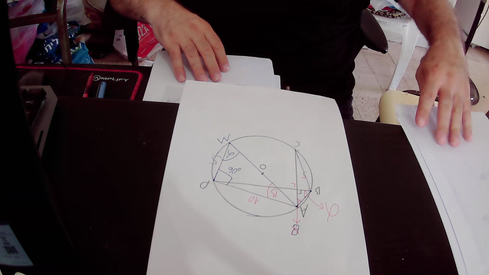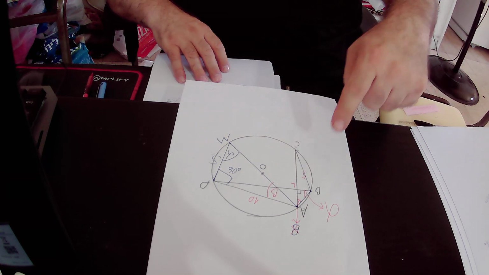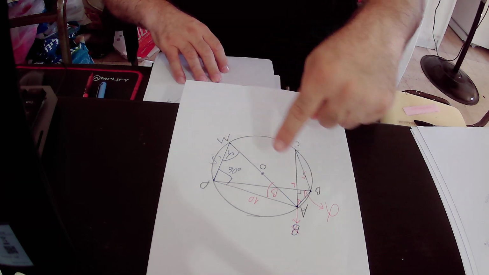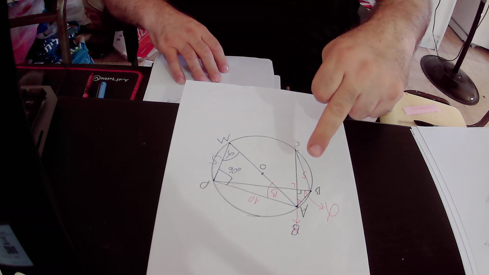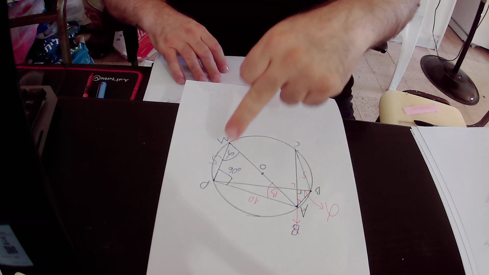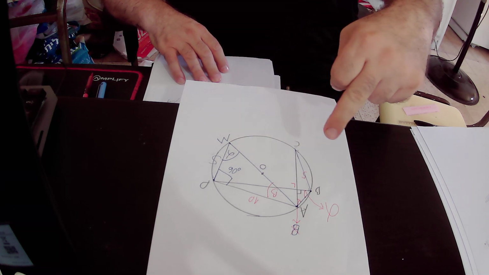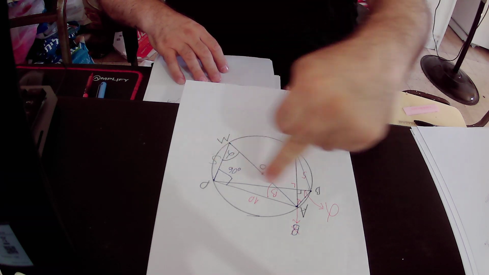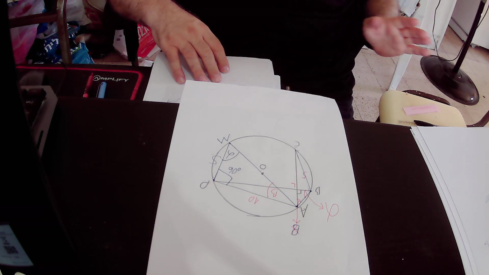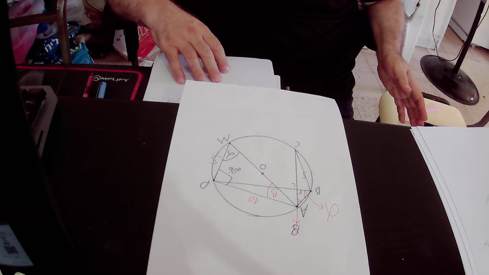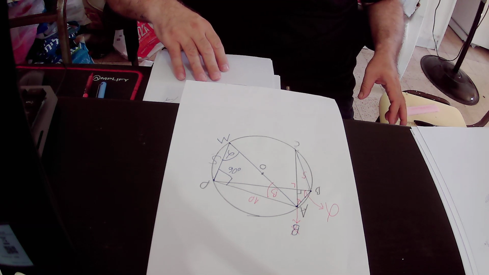And in the right triangle ADM, we defined angle AMD as alpha, and we defined angle DAM as beta. That is according to our definition. And we know that the sum of the angles in any triangle equals 180 degrees.